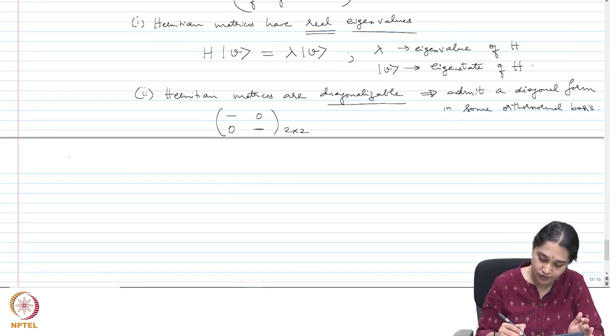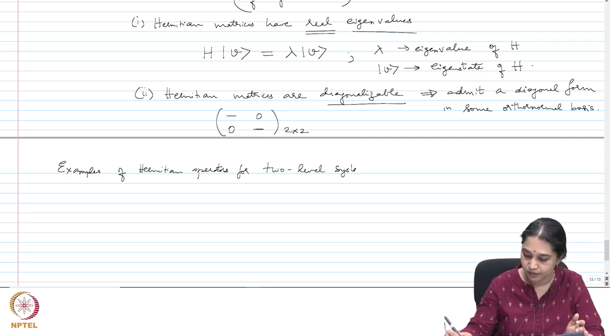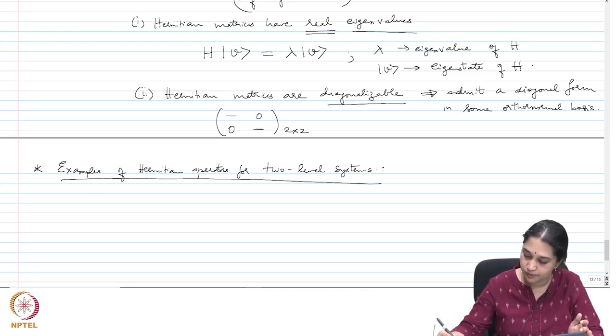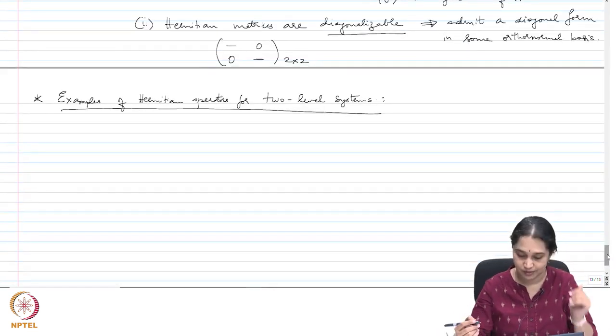So, let us write down examples of Hermitian operators for two-level systems or two-dimensional linear vector spaces, right. So, let me write down some examples of Hermitian operators and then we will come to the second postulate, right.